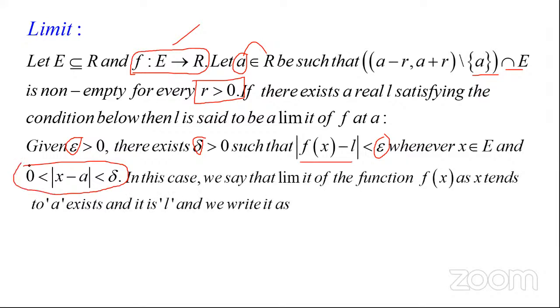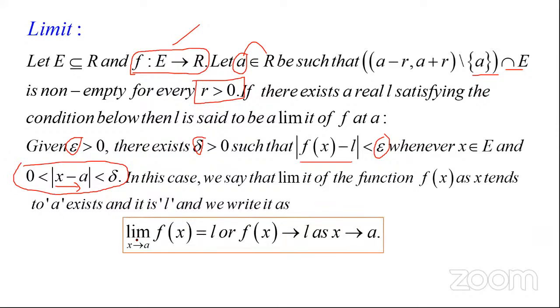In this case we say that the limit of the function f of x as x tends to a exists and it is L. We write it as limit x tends to a, f of x equals L, or f of x tends to L as x tends to a.